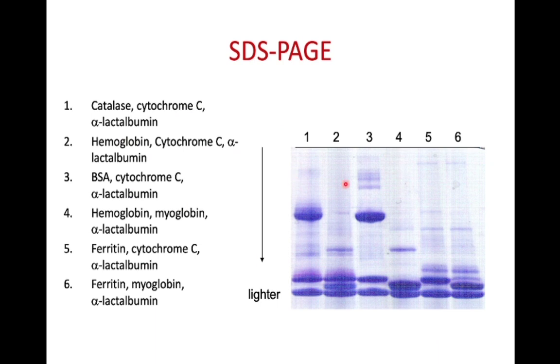In the next lane, we've got BSA, cytochrome C, and alpha-lactalbumin. So we can identify that probably, what do we reckon, alpha-lactalbumin. So these proteins here, they might be these proteins here. But it's difficult, obviously, to know what those proteins are, but we can look to compare the sizes of these proteins.